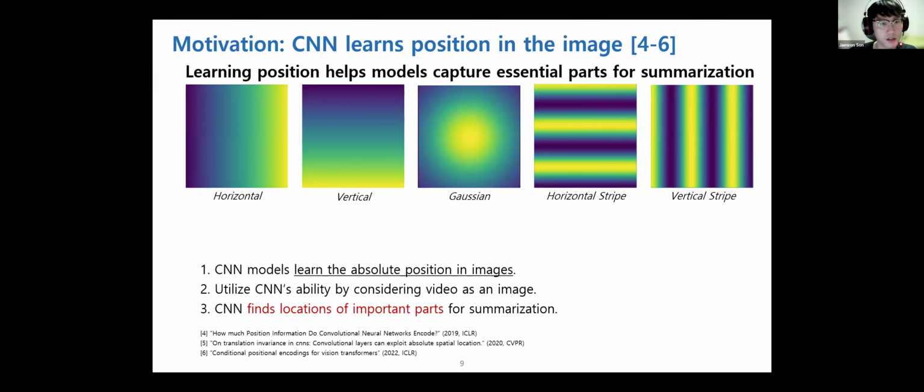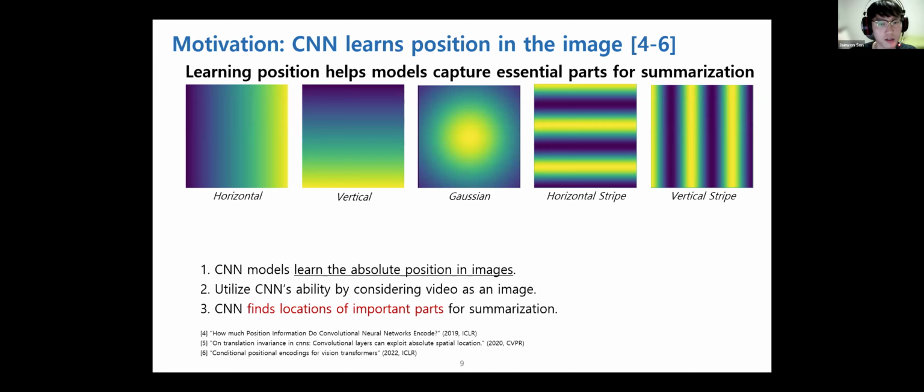The first motivation is that CNN learns position information within images. The figures on the slide are the absolute positions within images, such as the right part, the lower part, or the center part of the image. There are papers already proving that CNN models can understand these positions in the images during training.